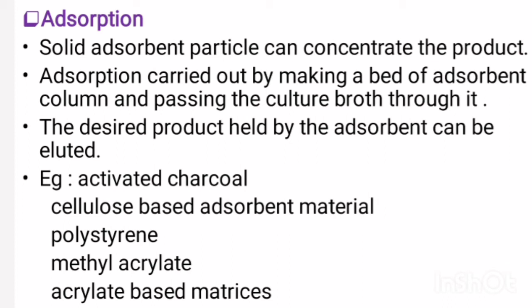In recent years, cellulose based adsorbent materials are used. And for the concentration of low molecular weight compounds like vitamins, antibiotics, etc., polystyrene, methyl acrylate, and acrylate based matrices are used. So adsorption can be used as a method of concentration.